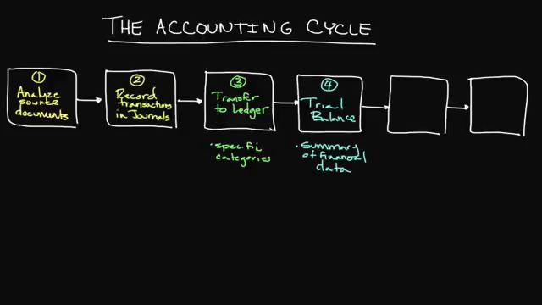Now, the 5th step in this process is to prepare financial statements. And this is rather self-explanatory. If you're utilizing some kind of software, assuming that you're going back through step one, that we've taken a look at all of the source documents and categorized them effectively, and assuming that we've recorded them accurately, and then of course transferred them into the ledger and looked at the trial balance as a quality assurance mechanism, preparing financial statements should be rather simple, especially with today's technology.